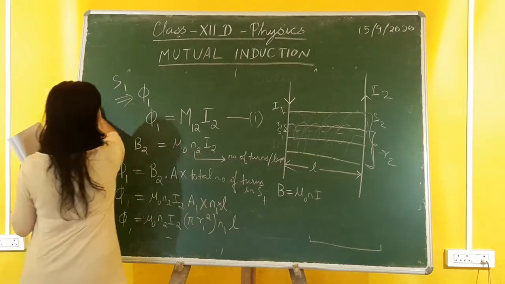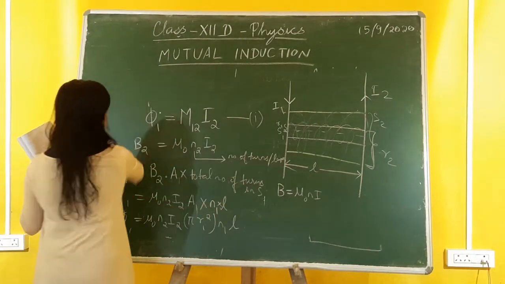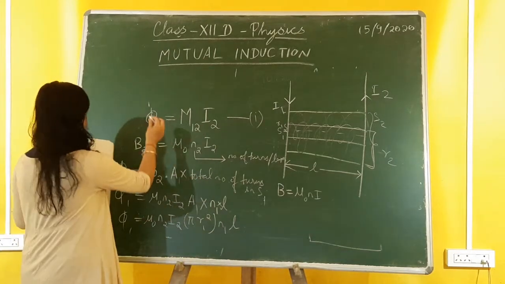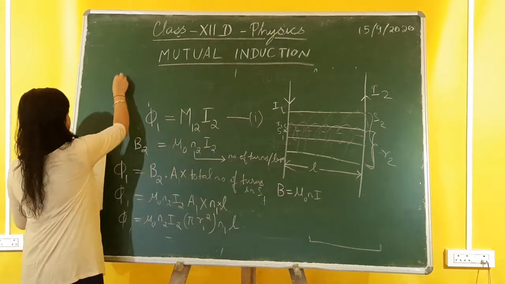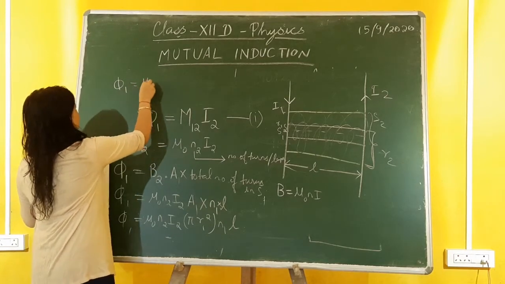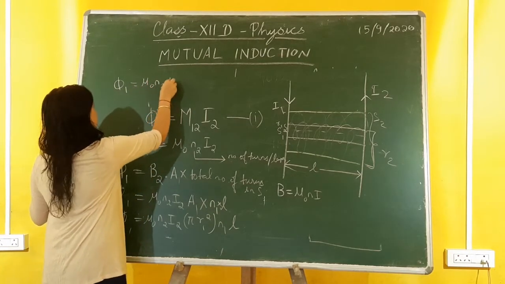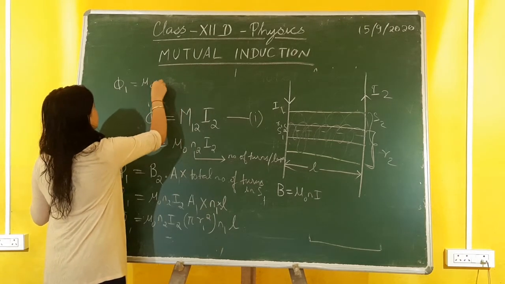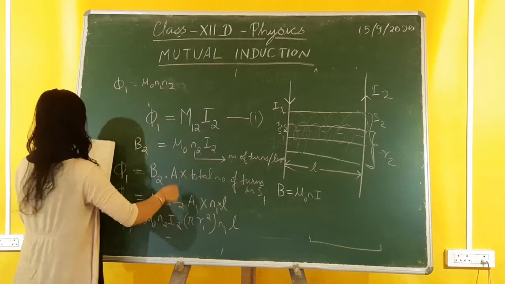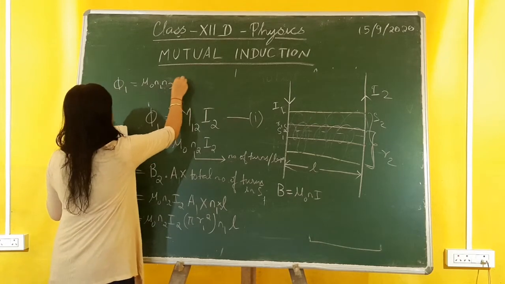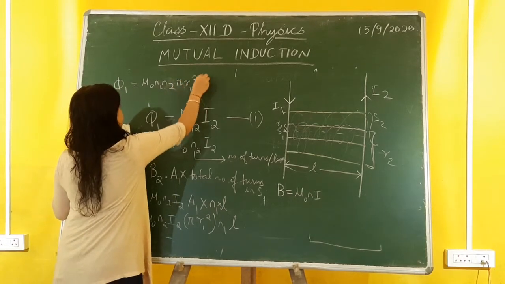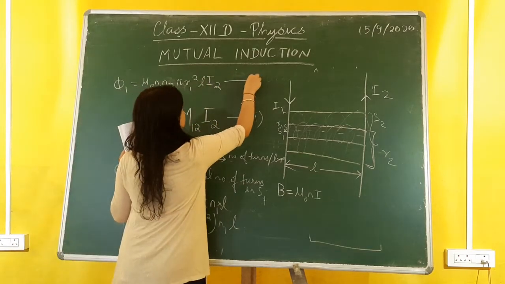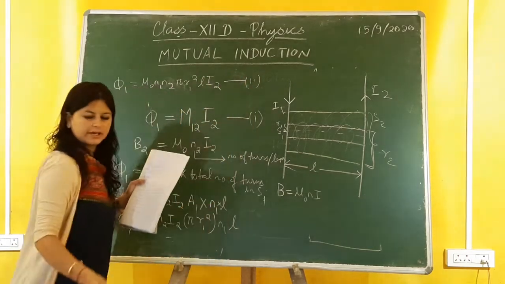Now I can write it simply as phi 1 is equal to mu naught N1 N2, just rearrange the terms properly, pi R1 square L into I2. Let us take it as equation number 2, okay.